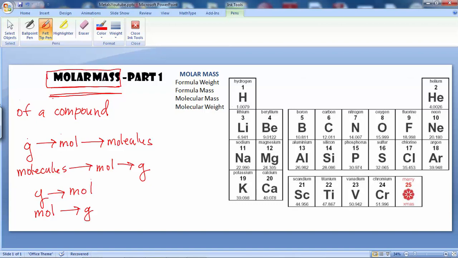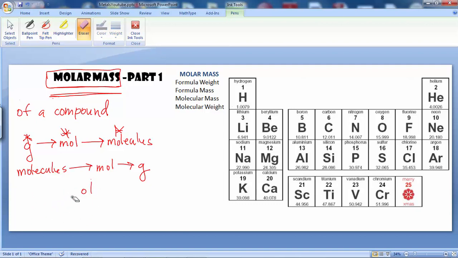If our molar mass is incorrect, then when we calculate the number of grams of a compound, the moles of a compound, or the molecules of a compound, it would be incorrect if we had the incorrect molar mass. So practice these problems.